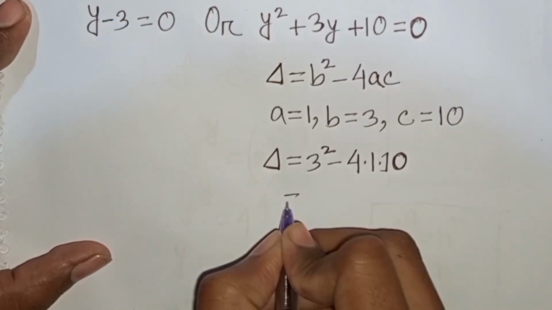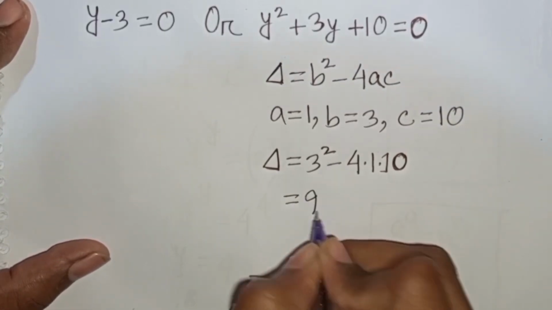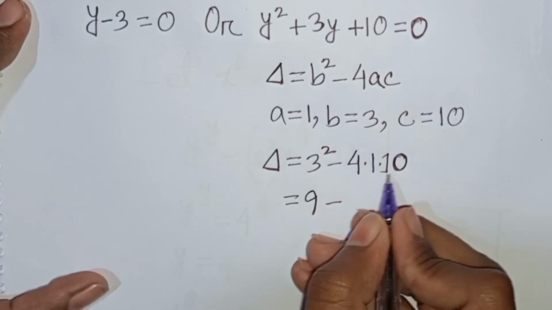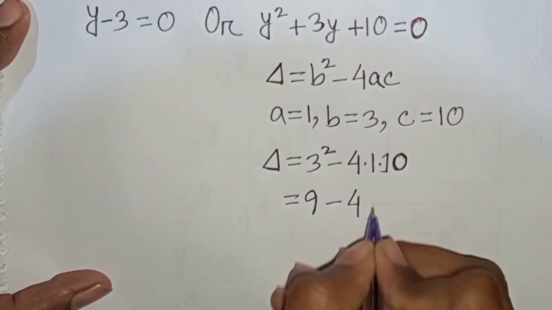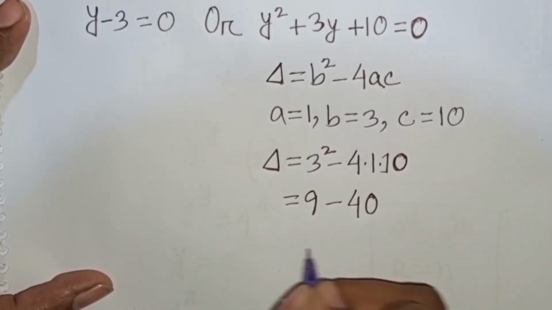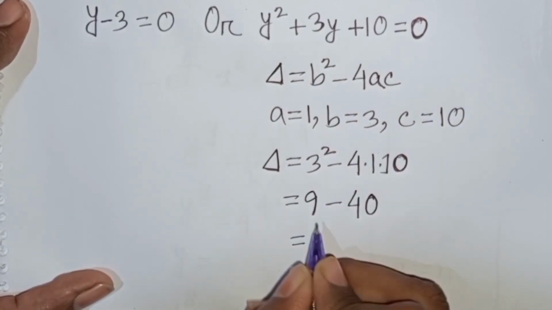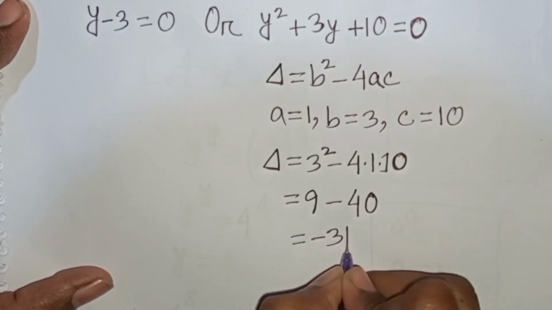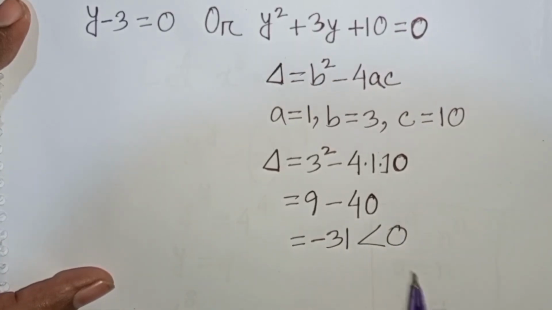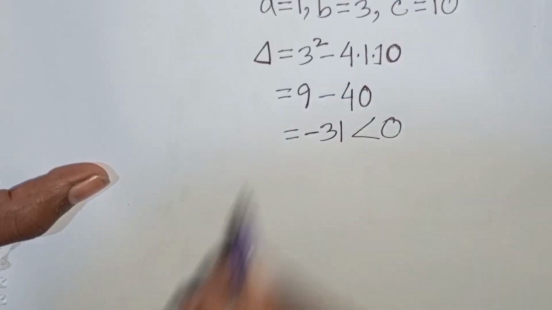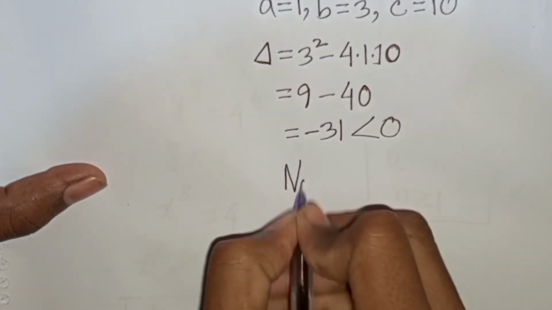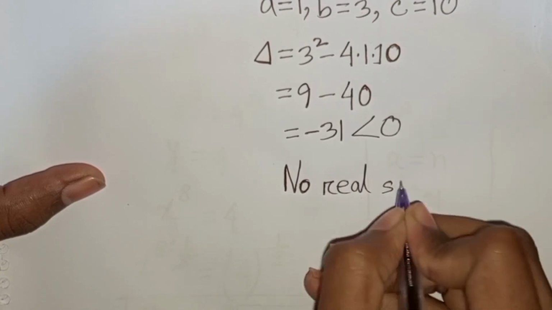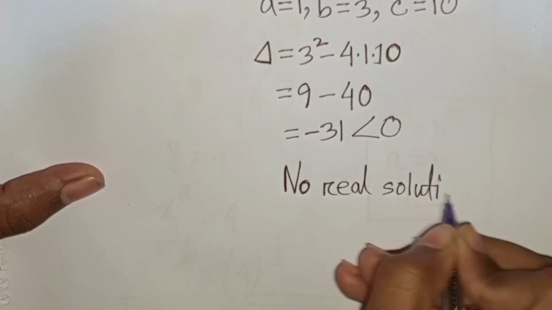Now it is equal to 3 square is the same as 9, then minus 4 times 1 times 10, that means 40, then is equal to 9 minus 40, that means minus 31. So minus 31 is less than 0. So here no real solution.